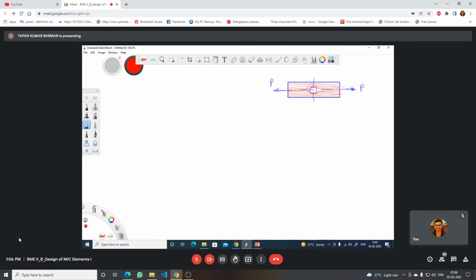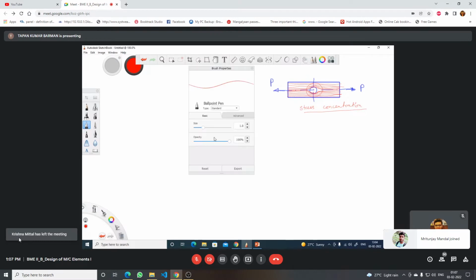This area will be highly dense, and this area is basically under stress concentration. Using the nominal equations, we cannot estimate the amount of stress developed near the discontinuity. So here we introduce the concept of stress concentration.